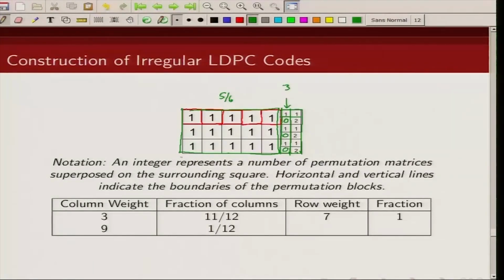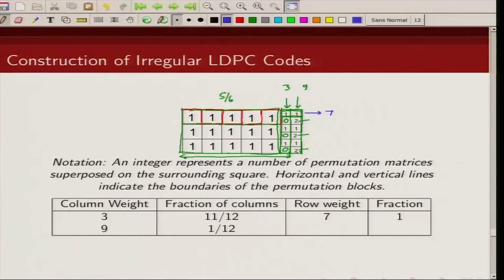So, this will ensure that 11/12 fraction of columns have weight 3, and here you can see this has weight 9. I have added weight 2, weight 2, weight 2, that is 6 plus 3, 9. So, this set of columns will have weight 9, and you can check I already had each row weight up to 5, and now this row has weight 2, so the overall weight will be 7.